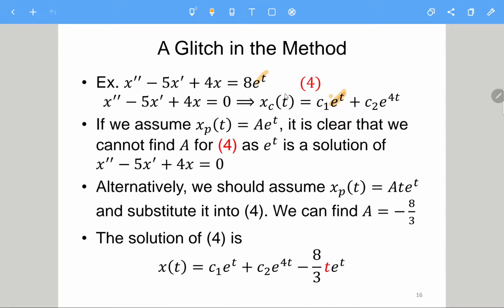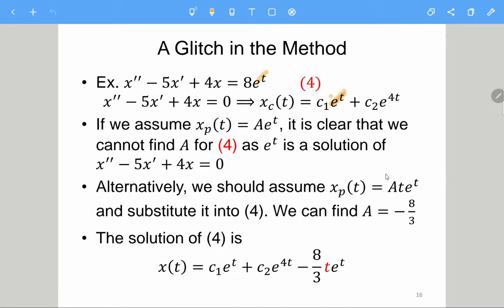And now this term, the g of t, has the same term as the homogeneous solution. Now we also need to multiply the original xp by t, then this one will be the solution.